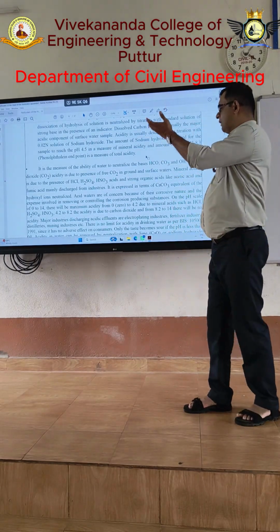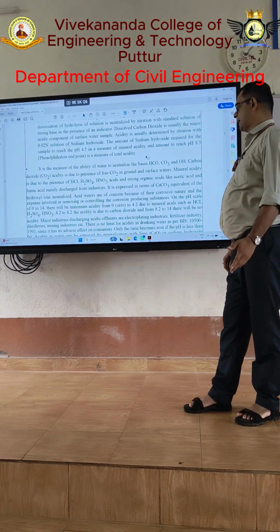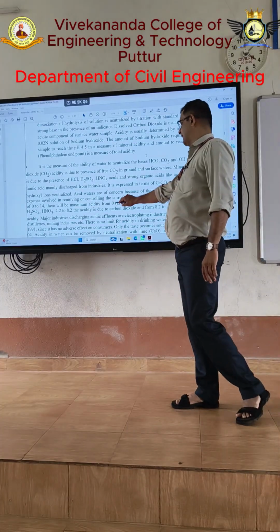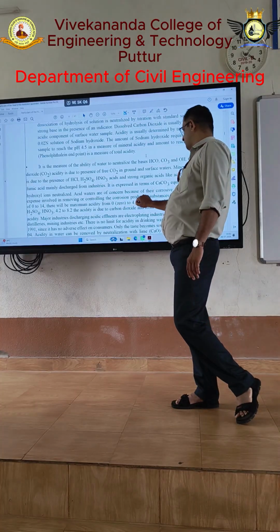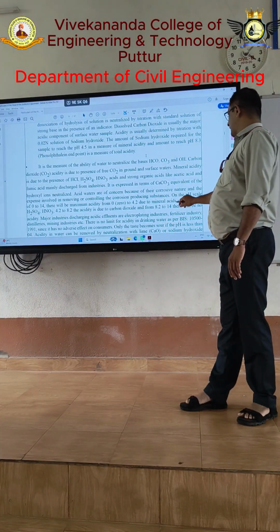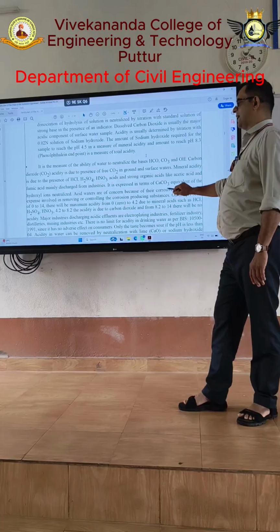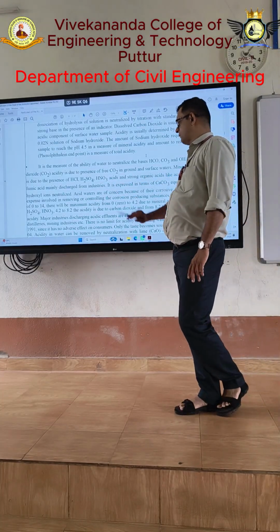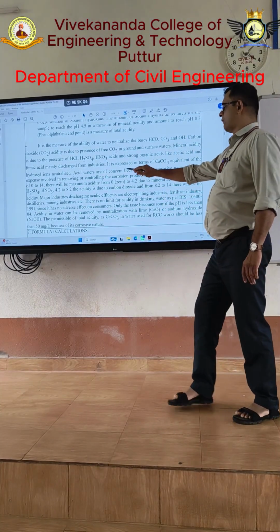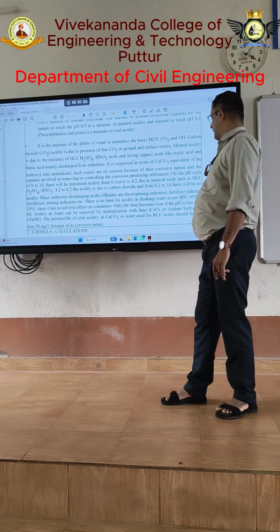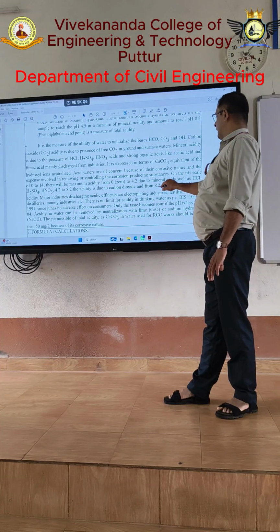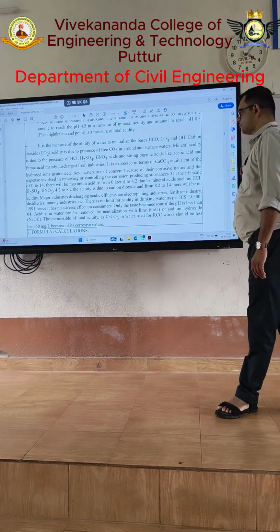So the pH value will range from 0 to 14. If acidity is higher, then the maximum acidity is from 0 to 4.2 for the mineral acids such as HCl, H2SO4, HNO3. Then 4.2 to 8.2 is for the acidity due to carbon dioxide.